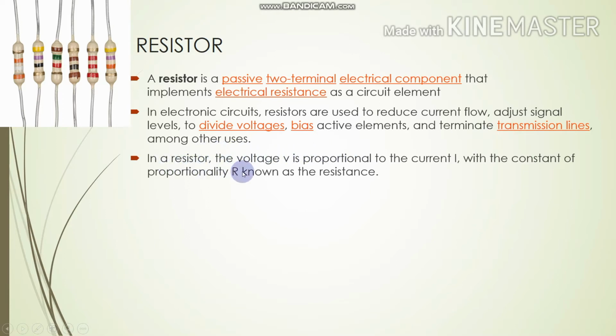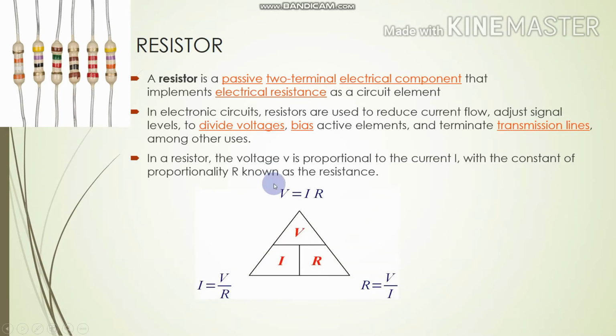In a resistor, the voltage V is proportional to the current I, and the constant of proportionality is known as the resistance. We can use the Ohm formula, V equals I times R, I equals V per R, and R equals V per I.